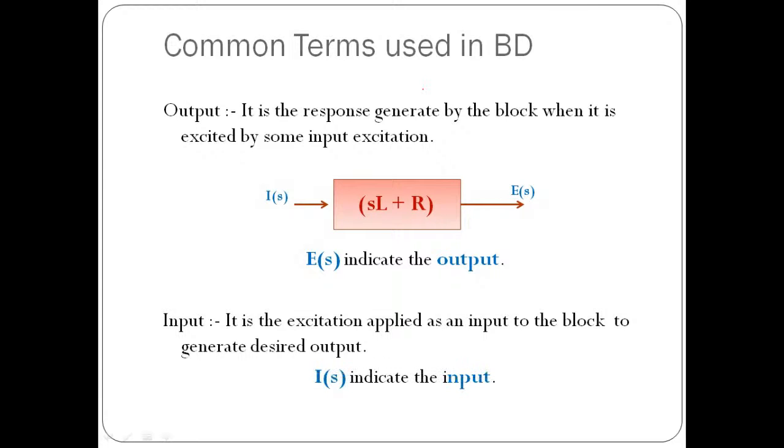With respect to our previous case, this I of S indicates the input to the system. So this is going to be the input and this is going to be the output. And whatever function we have written inside the block is called the transfer function of that particular block, or you can say the gain of that block or the parametric function of that block.